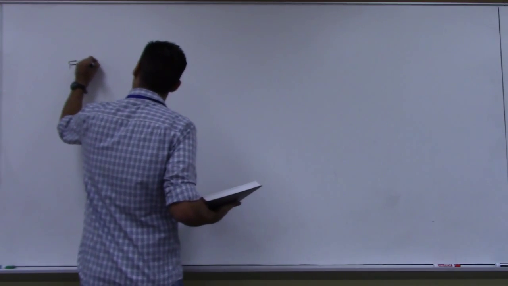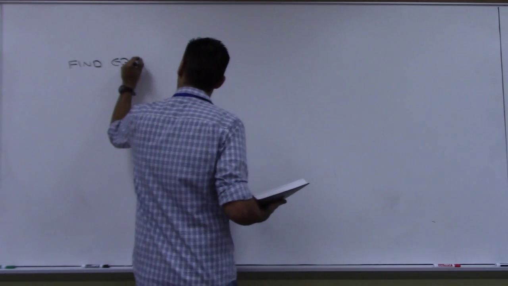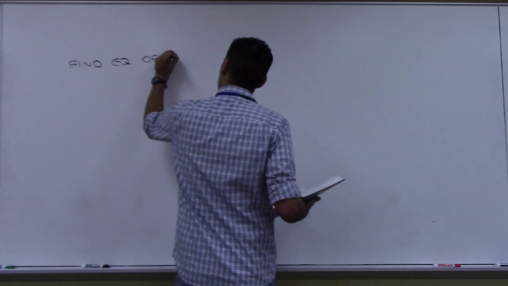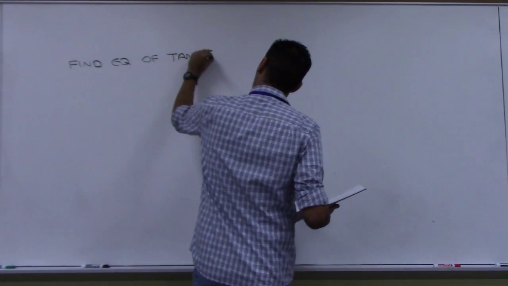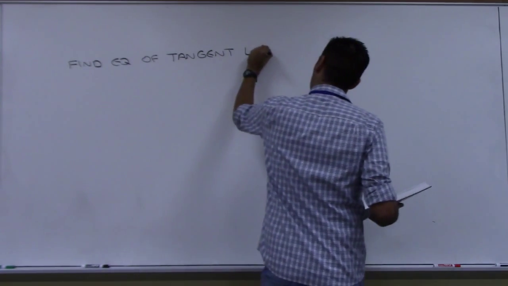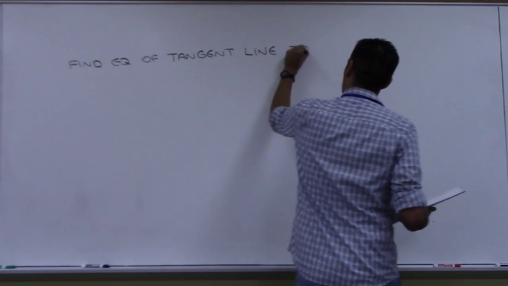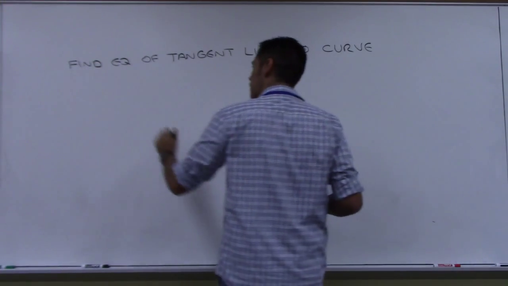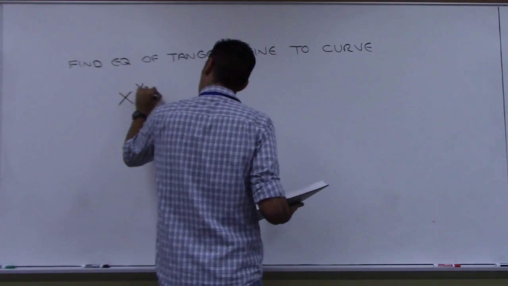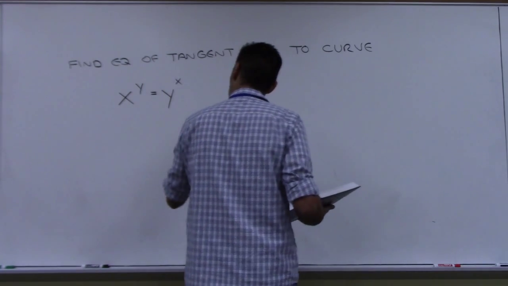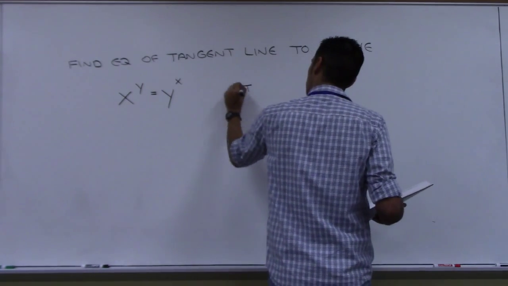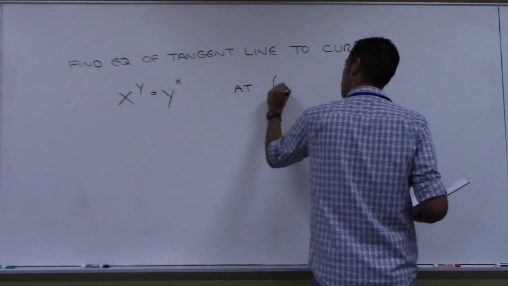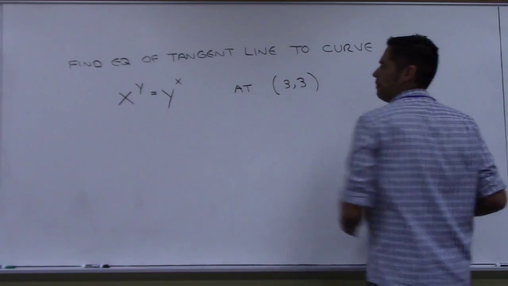Find the equation of the tangent line to the curve x to the y equals y to the x at the point 3, 3.